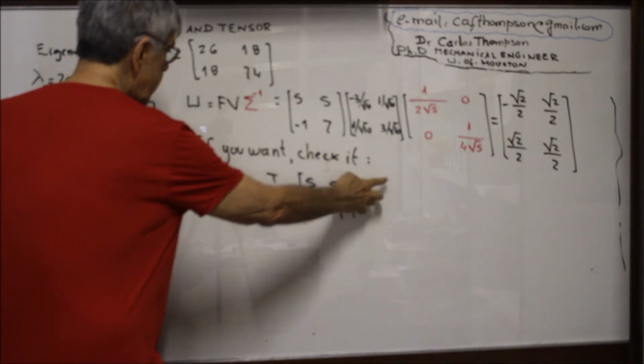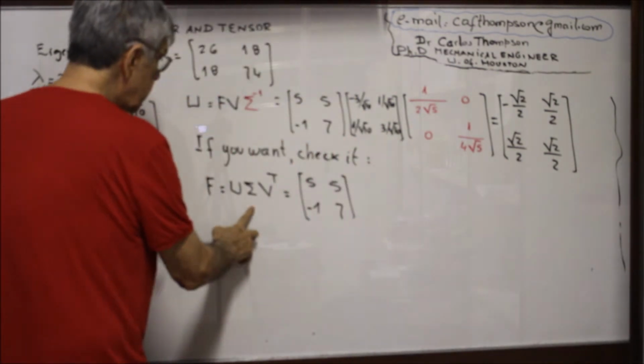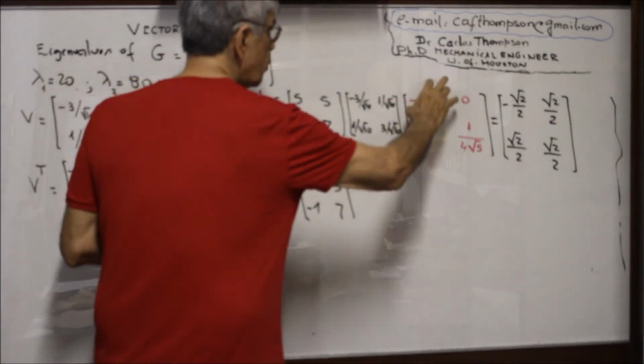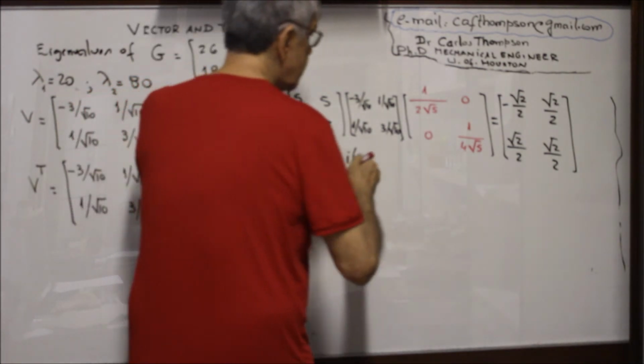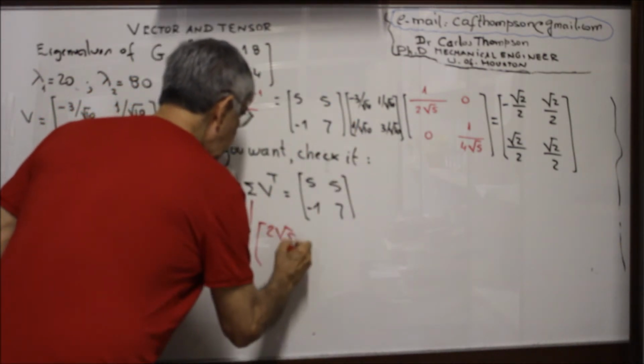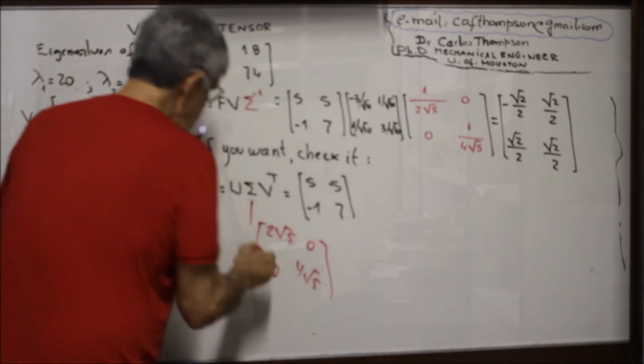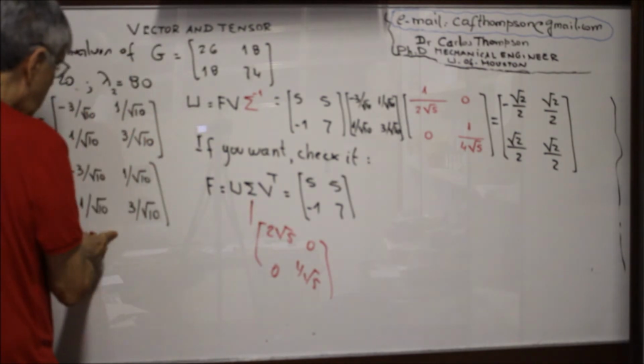Now, if you want to check, just multiply U times sigma. Sigma here is 2 square root of 5, 4 square root of 5, 0, 0. You multiply U sigma and V transpose.